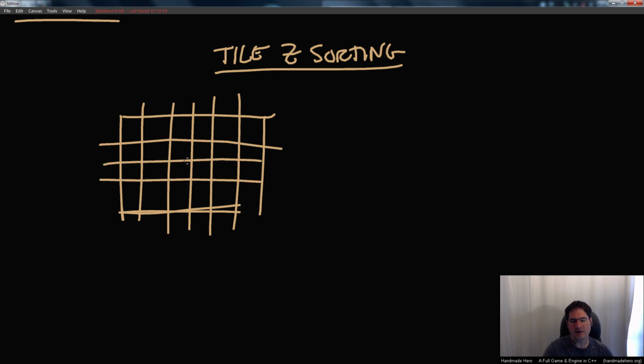If we were directly top down, then here's our camera, and here's the tiles, so we're looking this way down at them. What we would know is that the Z value would be all we would sort on, right?